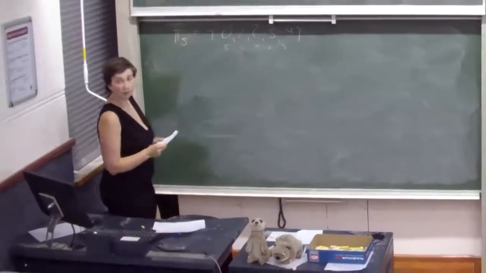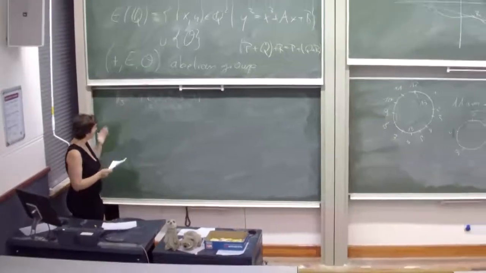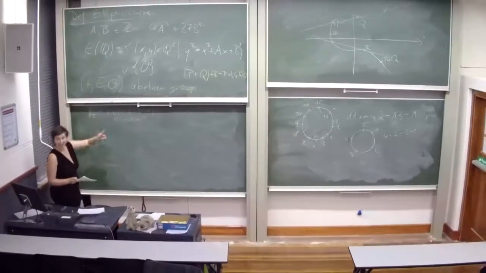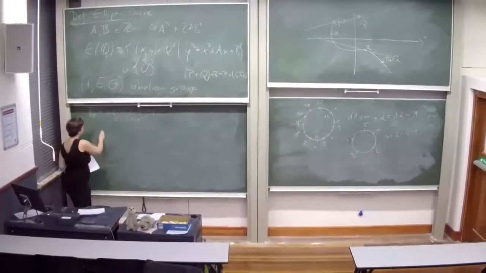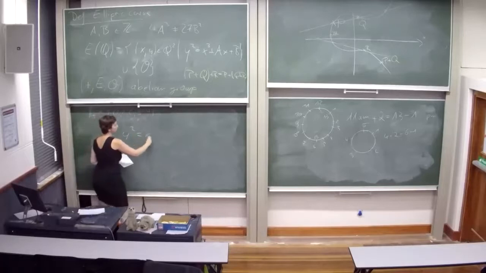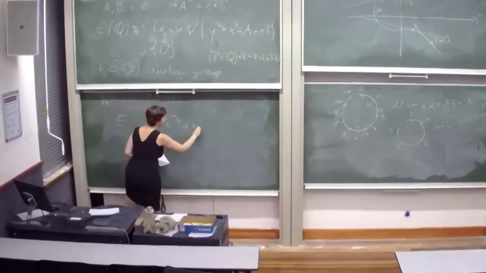And we want to look at an elliptic curve, so I will give you a concrete example, and we will take points and add them. So the curve will be y squared is equal to x cubed plus x plus 1.